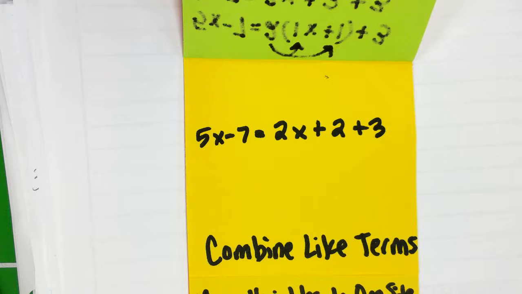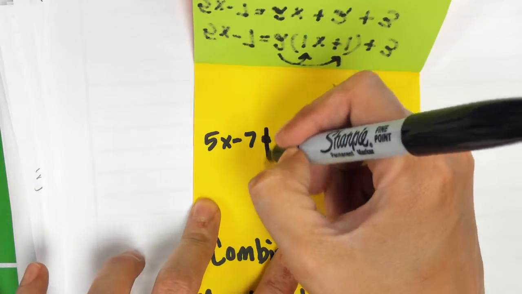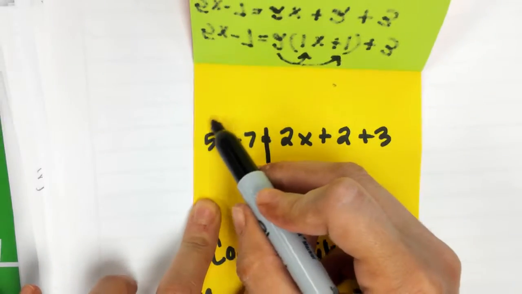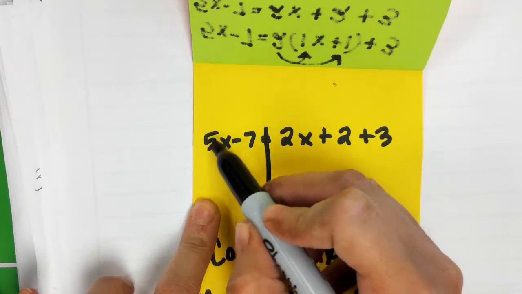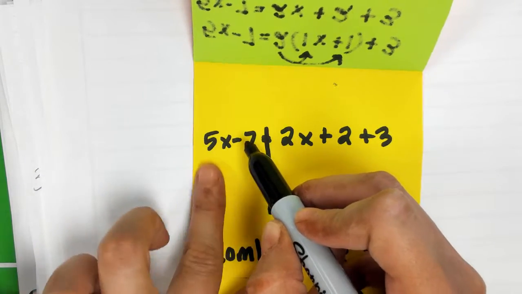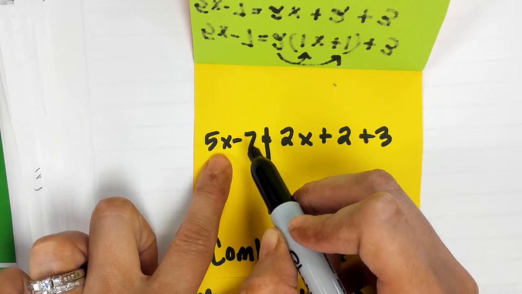Now the next step is to combine like terms. So look on the left side first, and do I have any like terms over here? No. I have a 5x and a 7. I can't put those together because one has an x, one doesn't.